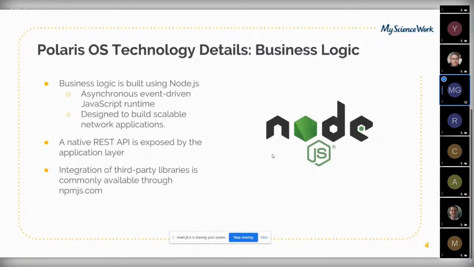It's becoming one of the most important performance frameworks that we can use. As we develop on Node.js, we follow the standard philosophy behind it, which is to expose everything on REST APIs. All the operations that we do in Polaris OS are exposed on a REST API, which is secured, but can also be open. It depends on what you want to do.